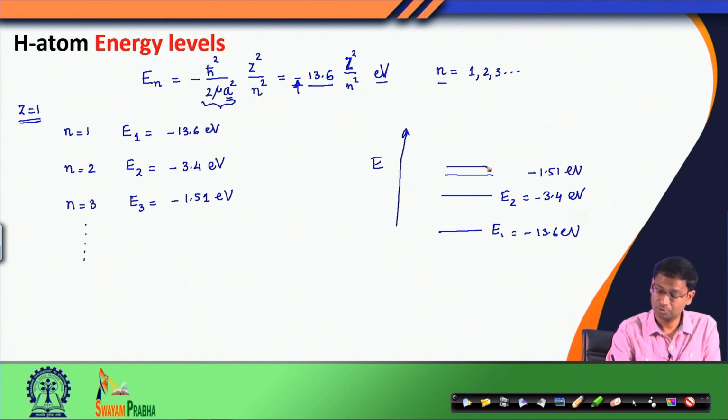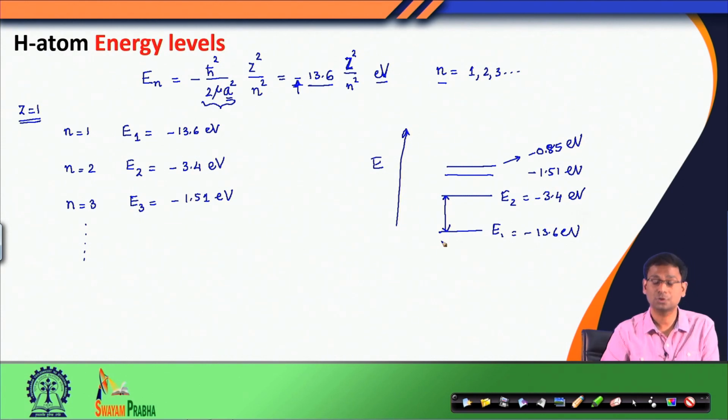And if I continue to do this, you would see that the next one will be something around minus 0.85 electron volt, and so on and so forth. One thing that you must have realized now is that the energy spacing between two consecutive levels keeps on decreasing as we go higher in energy.